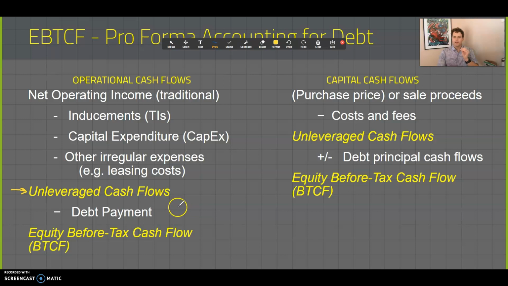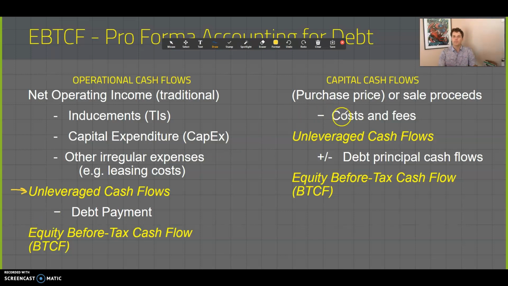So this debt payment in an operational sense is the monthly or yearly, or whatever the time step is, debt service payment. If I take that debt service payment away from my unleveraged cash flow, I'm left with the cash that I can put in my pocket, or my equity before tax cash flow for that operational period. And I do that for every period in my holding period.